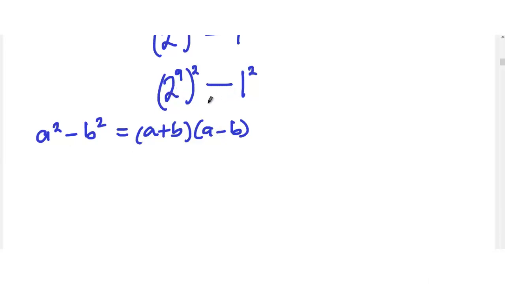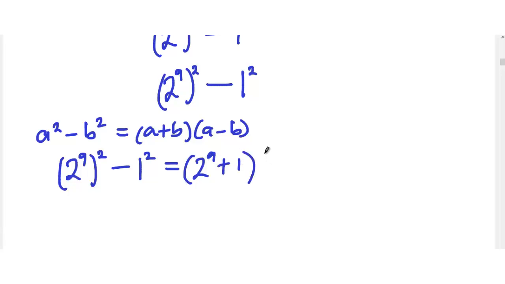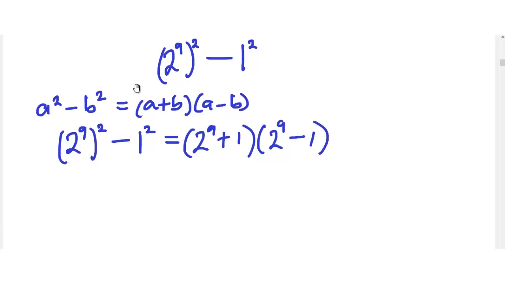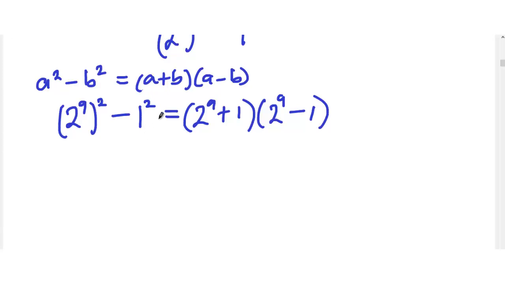So if you write it in terms of difference of 2 squares, then 2 raised to the power of 9, everything raised to power 2, minus 1 square will be equal to 2 raised to the power of 9 plus 1, into bracket 2 raised to power 9 minus 1. Basically 2 raised to power 9 is equal to 512.